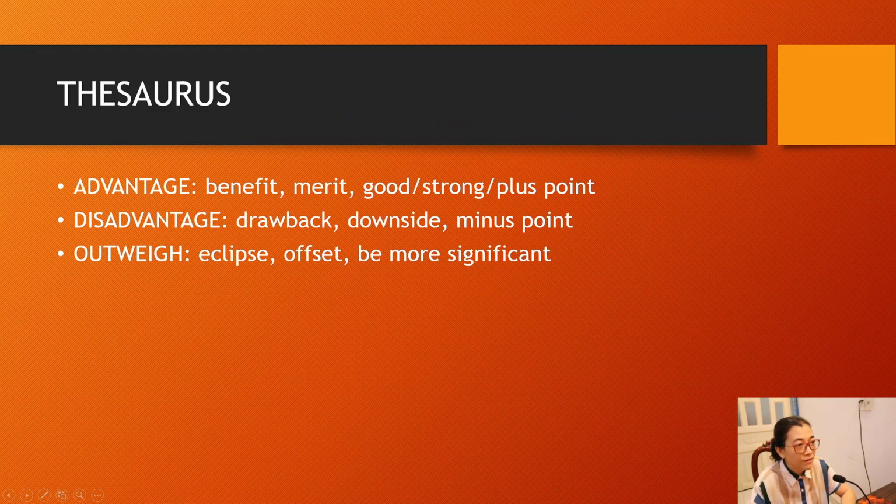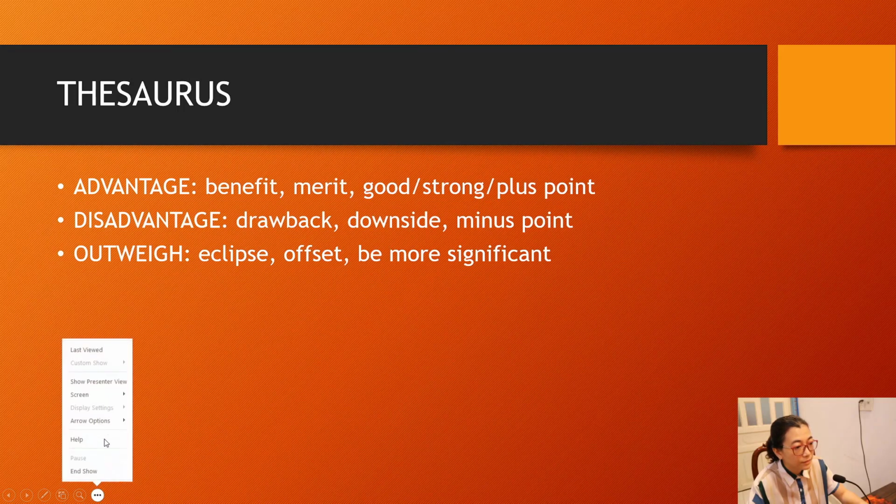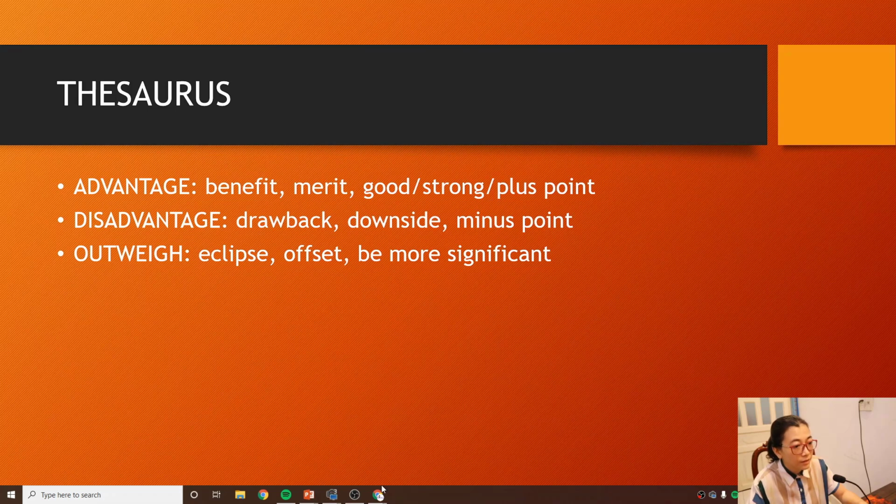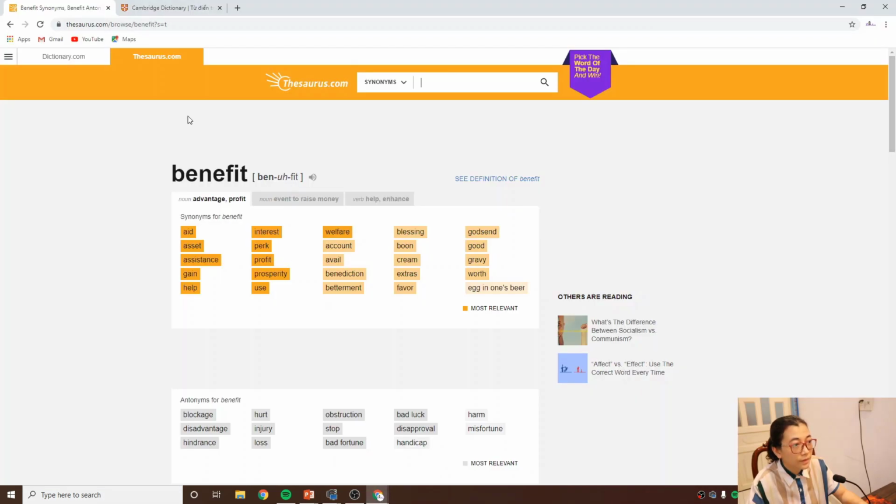In this part of the video, I'm going to show you how to use a very useful kind of dictionary, that is thesaurus. For example, you go online and you type thesaurus.com.